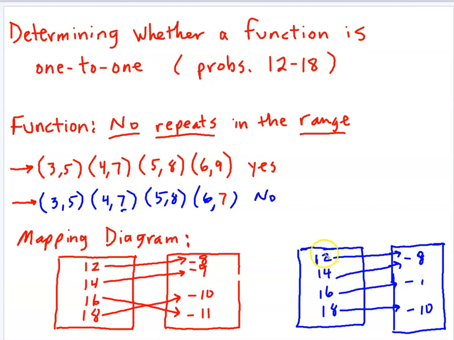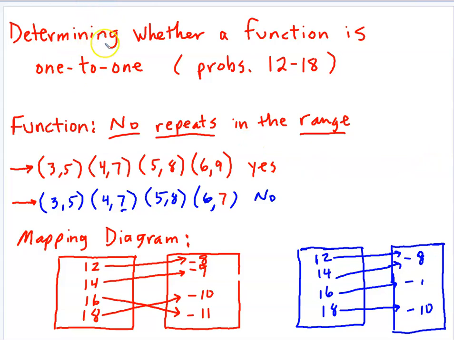Over here, 12 and 14 are sharing the same y. It's -8. And so this is not considered to be one-to-one. I guess you could think of it as 2-to-1, but we're wanting to know if there's a one-to-one relationship. Unique pairings from the x's to the y's.